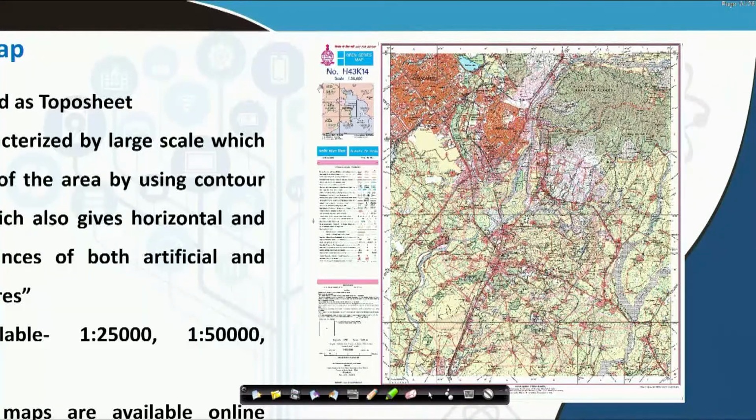It also gives you the map numbering system, which means if this is a particular map that I used here, the next map represents this part, and this map represents this part. So if you want the neighboring region, you have to go to this particular map number to see it. And it is 1:50,000 scale.